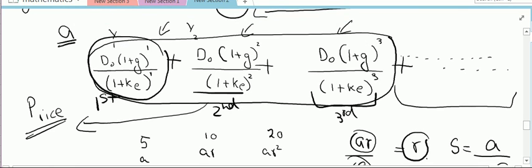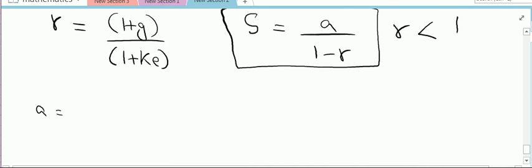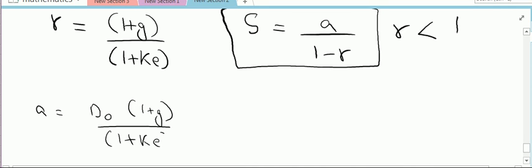A is always the first term, so our first term, or a, is d0 (1 plus g) divided by (1 plus ke). Here we go, things are really clear now. If I have to apply this formula, r should be less than 1, and I can only apply this formula if r is less than 1.